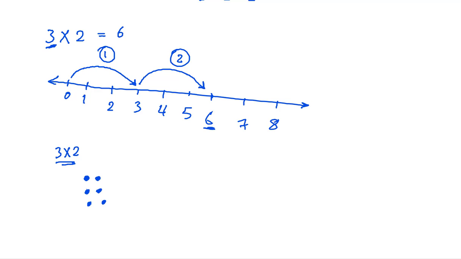So we have 3 rows and we have 2 columns. In this case we can count all the counters that we have, and we will find the answer 6. So 3 multiplied by 2 is also 6. So we have 2 ways to represent multiplication.